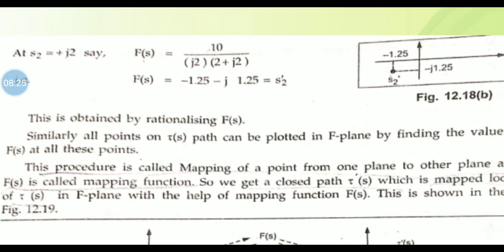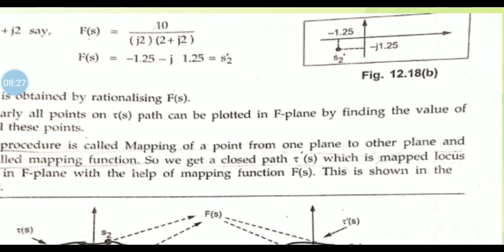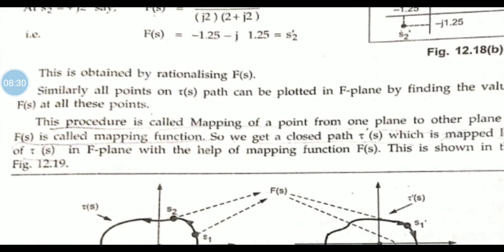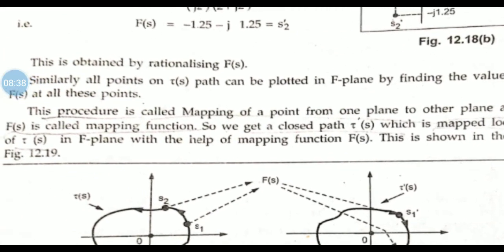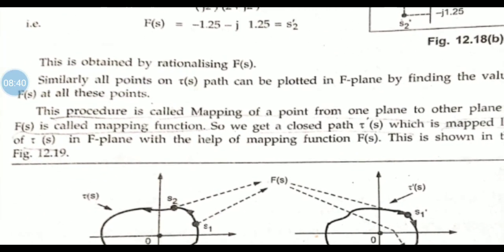Similarly, all points on Γs can be plotted in the F plane by finding the value of f(s) at all these points. So this procedure is called mapping of a point from one plane to another plane, and f(s) is called the mapping function.